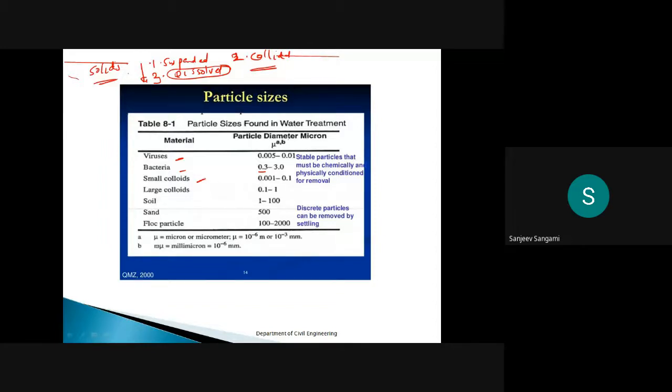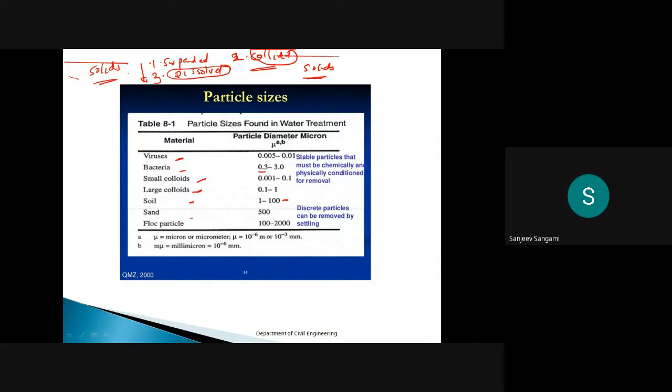Then some of the small colloids, the colloidal solids, have a size of 0.1 to 1 micron. If soil sediments are there, the size is 1 to 100 micron.